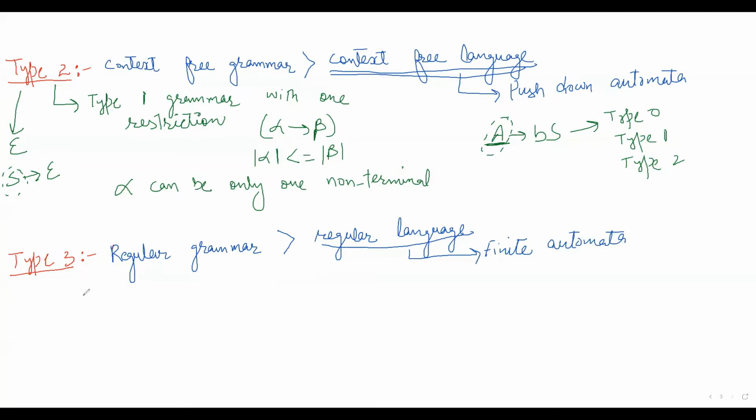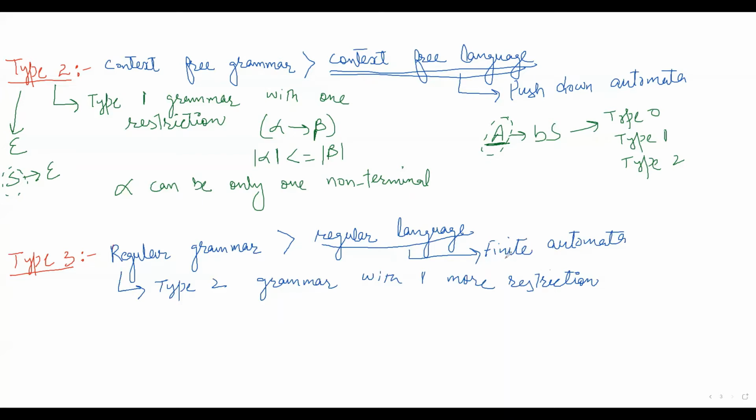This type of grammar is like a type 2 grammar with one more restriction. At the higher level, we have type 0, which has no restriction. Then type 1 is type 0 with one restriction.